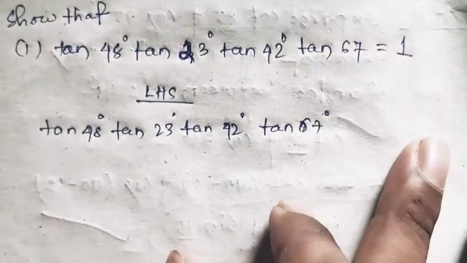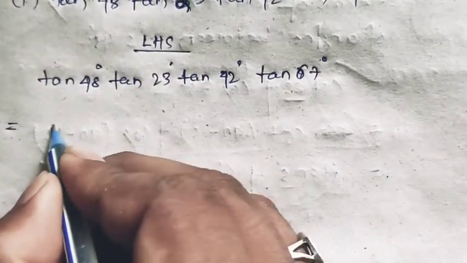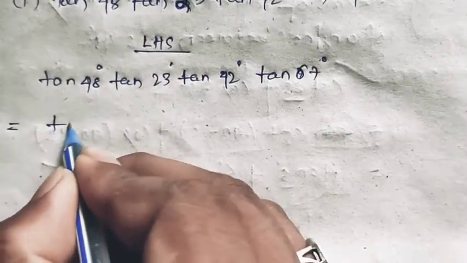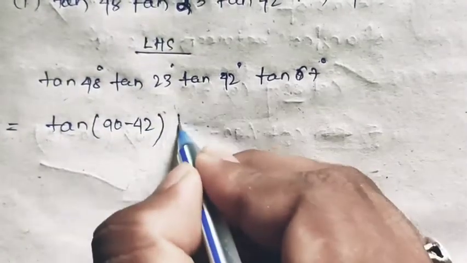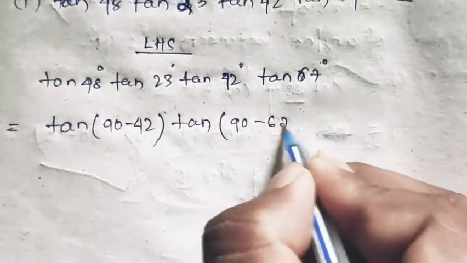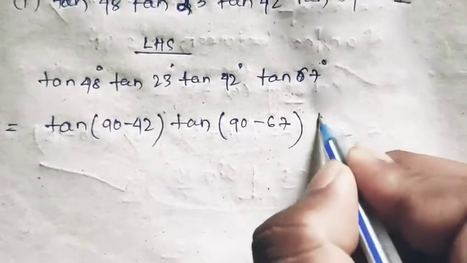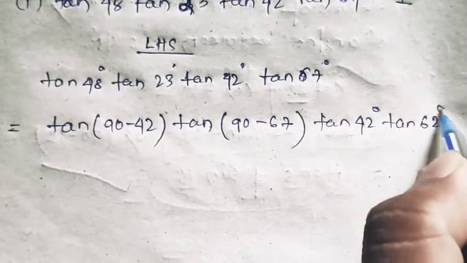I can write tan 48 as tan (90 minus 42), tan 23 as tan (90 minus 67), into tan 42 degree and tan 67 degree remaining.